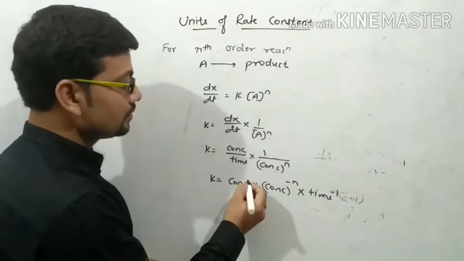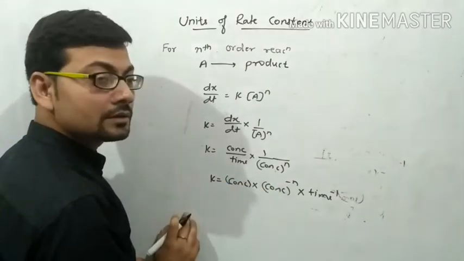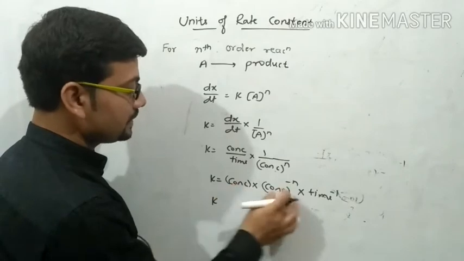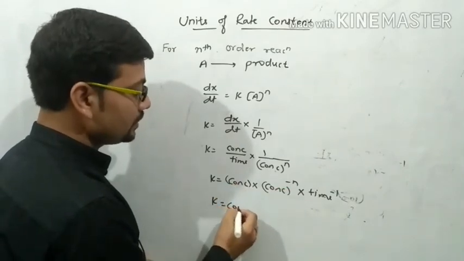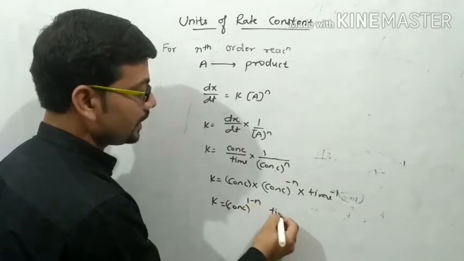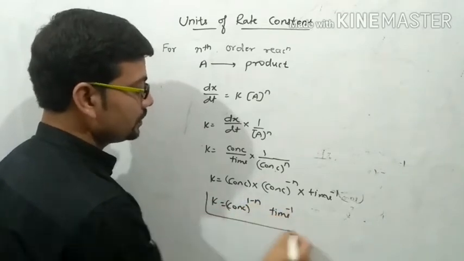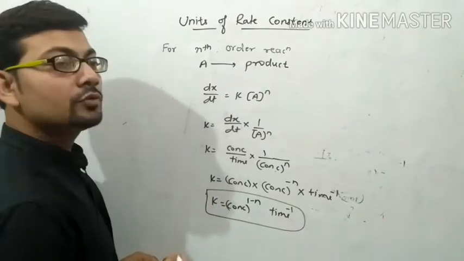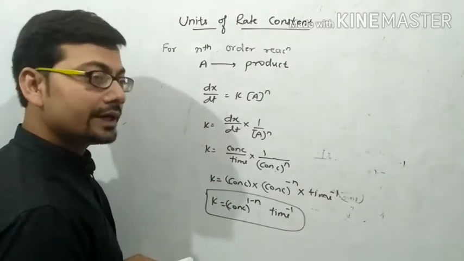Now as you know, powers are added if the base is the same. So k is equal to concentration power 1 minus n time inverse. So this is the general formula for obtaining the unit of rate constant.